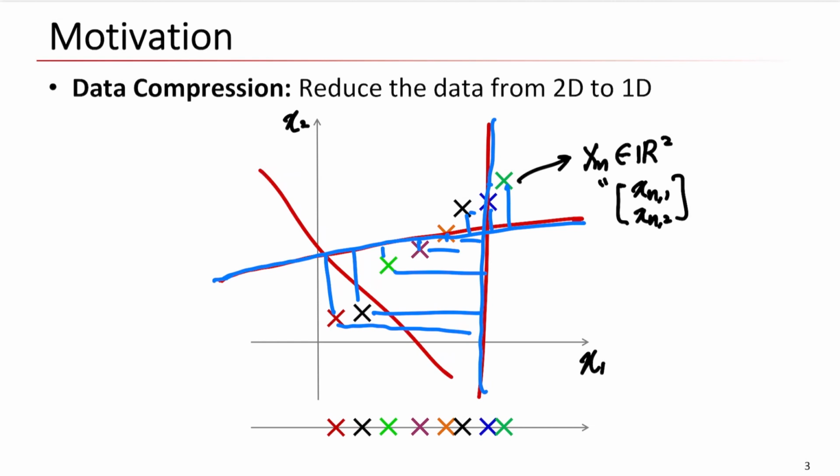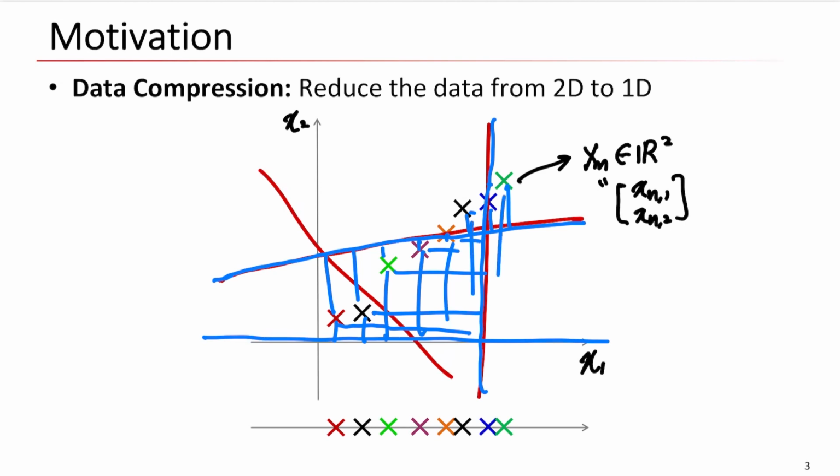So when we use this straight line, the 1D samples look like that, right?